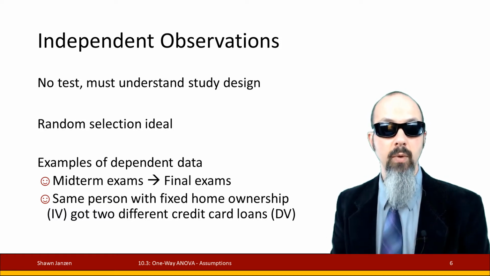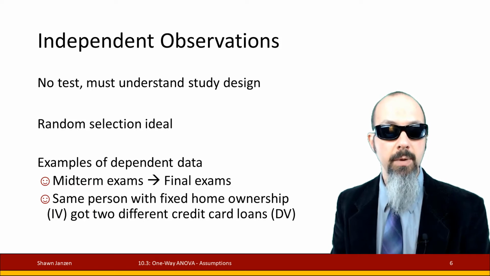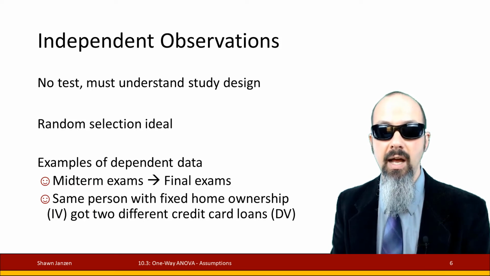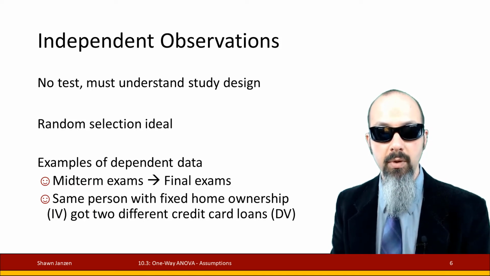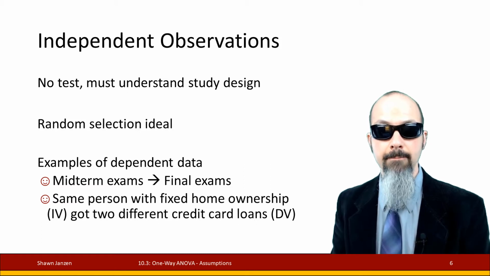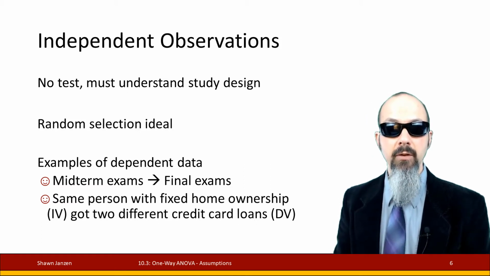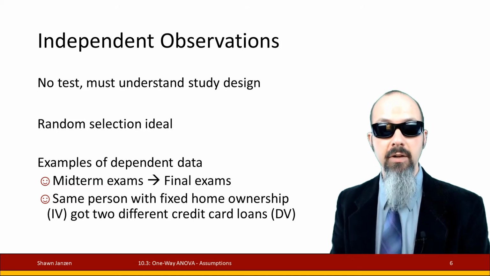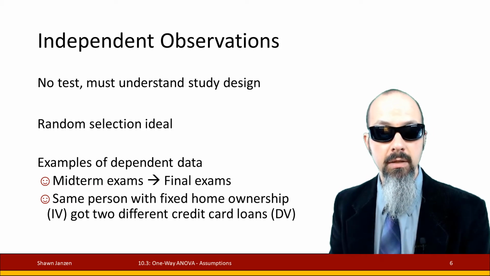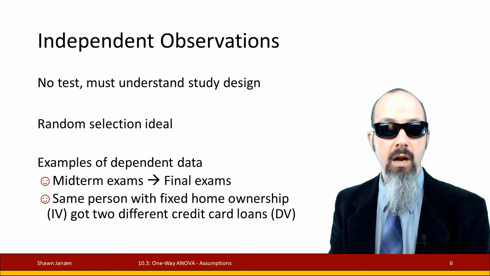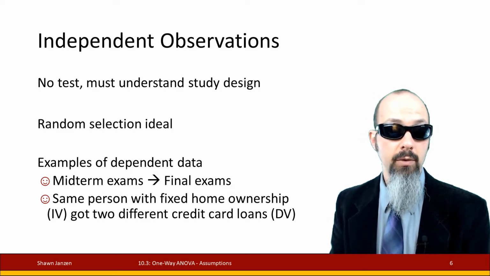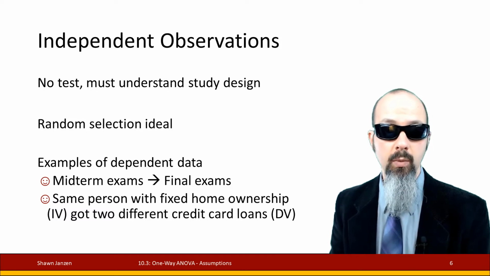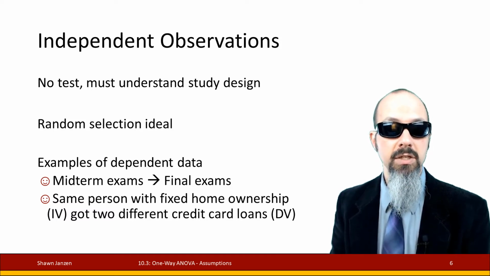Of course, if it's randomly selected, closer towards experimental designs, these are more secure, more favorable of the different approaches that we can get. And you have to be careful of things that can creep in that are dependent data. Things like if you're comparing two exams in a particular semester, a midterm and a final. The results for the final are going to be somewhat influenced by how well you do on a midterm. Whether you do well, whether you don't do well, there is a relationship between them.